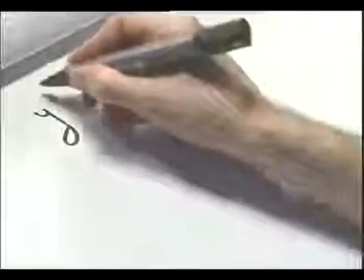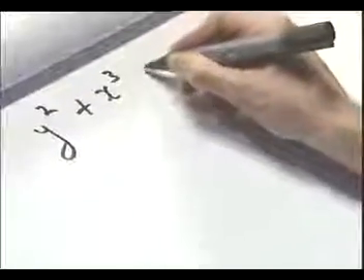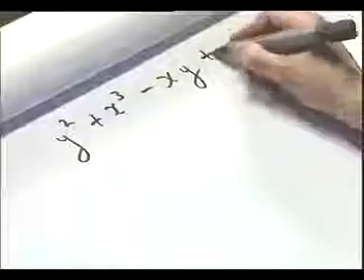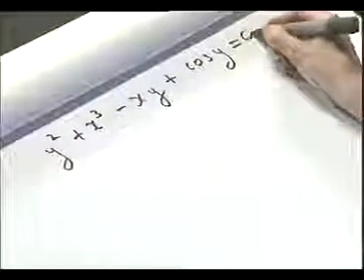So we'll take y squared plus x cubed minus xy plus cos y equals 0. This time we're going to go direct to the differentiation. We're not going to go via the chain rule. We're going to use it, of course, but we aren't going to write it down.